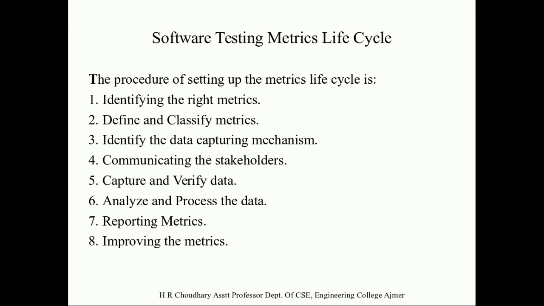Identifying the right metrics can be done in certain ways: by deciding the assessors, by classifying the metrics which confine the status of each type of testing, by setting up an easy mechanism for data collection, by evaluating the value of each metric, and by discovering the problems or areas where necessity is required. Through these things we can identify the right metrics.